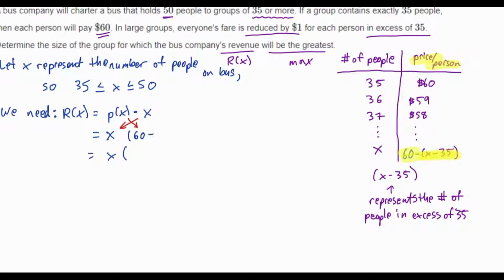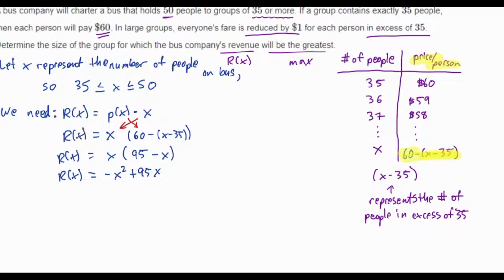So 60 minus X minus 35. Let's tidy this up. So 60 plus 35 is going to be 95 minus X. And we can multiply through, and let's get negative X squared plus 95X. And so I have my revenue function.